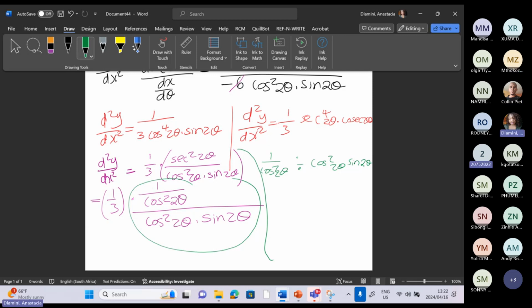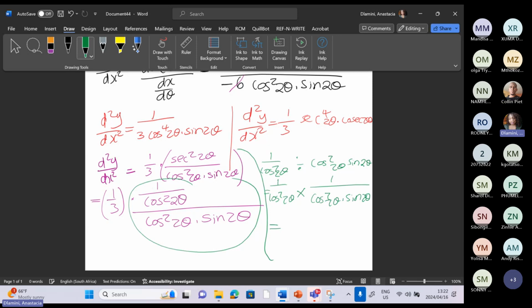Let me not feed you what I think. Help me to simplify, because if I feed you, I'll push you to get my answer. What do we do after here? Then it's 1 over cos squared 2 theta multiplied by 1 over cos squared 2 theta sine 2 theta.